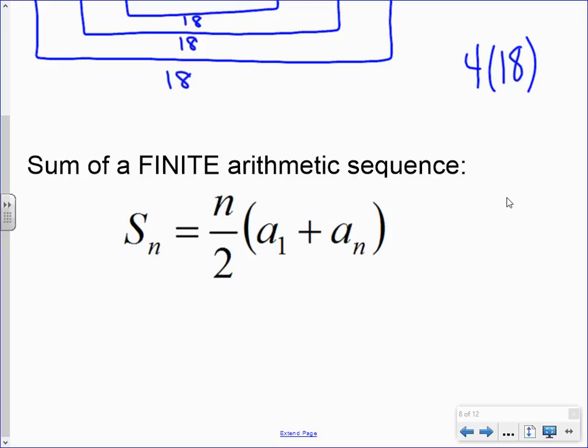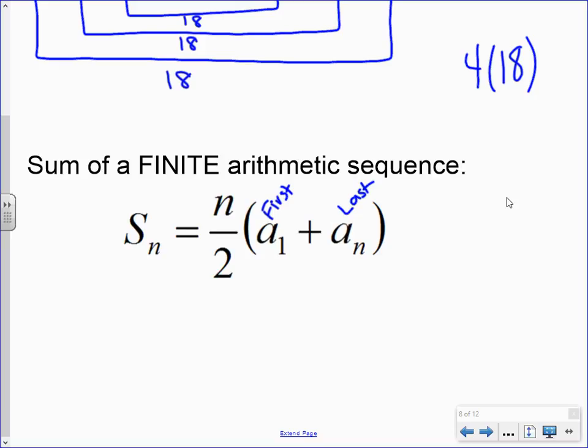A sub 1 is the notation for what? The first term. Okay? Since we're adding up n terms, A sub n would be considered which term? The nth term, and in this case it's going to be our last term. Okay?